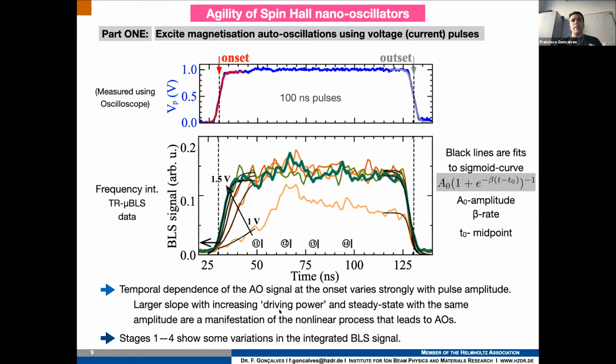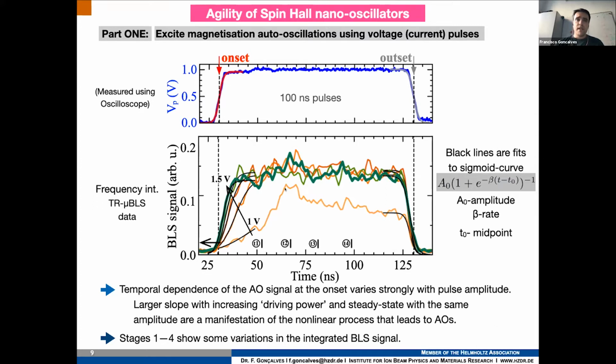In a way, it becomes more agile and has a faster response. At the same time, for large enough voltages, we always reach a kind of steady amplitude state up here. These are all characteristic behaviors of the nonlinear response in spin-Hall nano-oscillators.